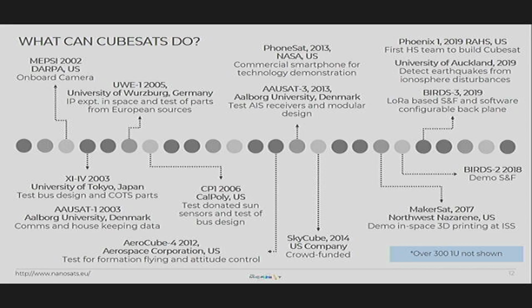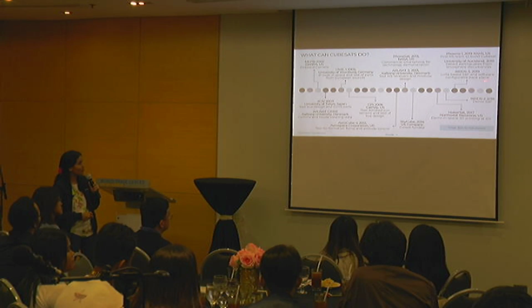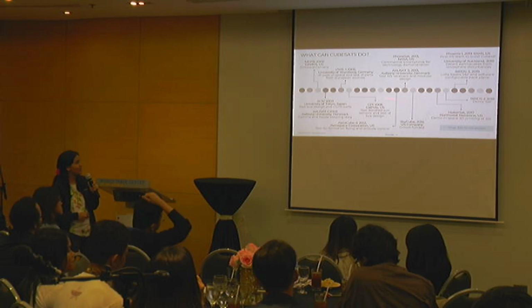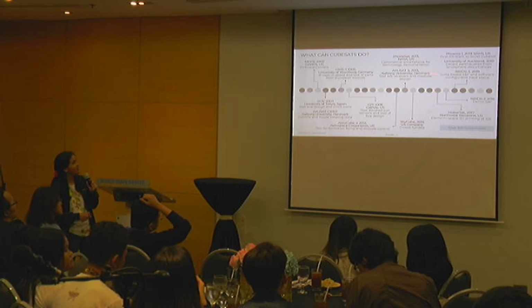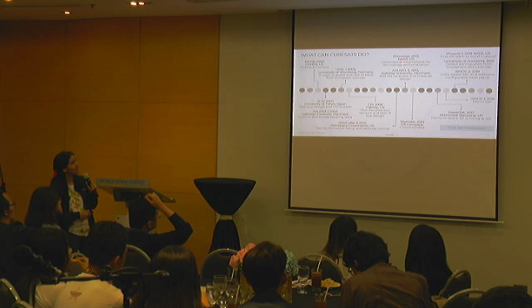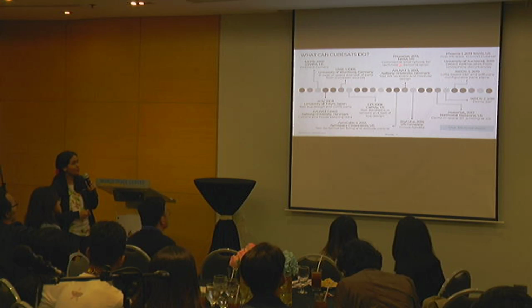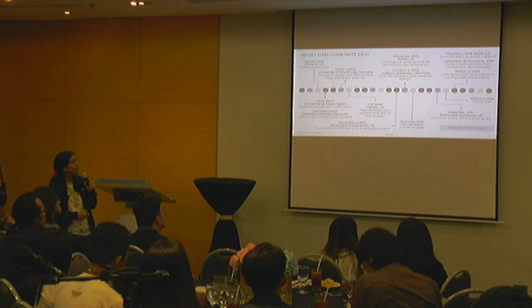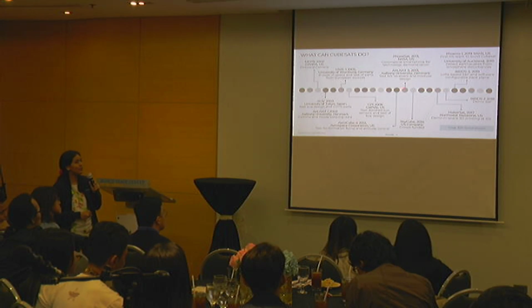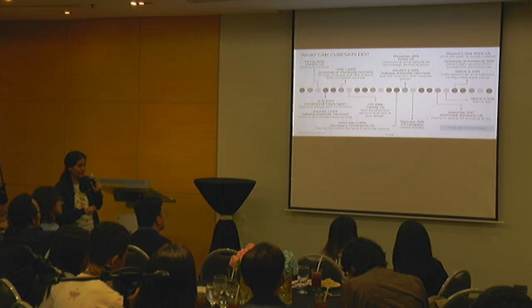And in fact, they are now planning to launch a CubeSat that is fully built by high school students, just like you guys. And this timeline does not show over 301 new CubeSats. There's even PhoneSat in 2013, which demonstrates commercial smartphone in space. Okay.